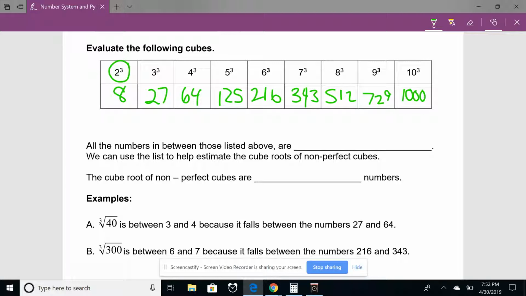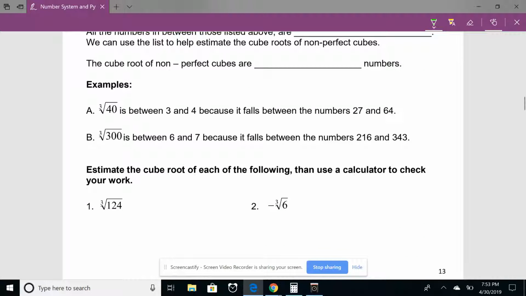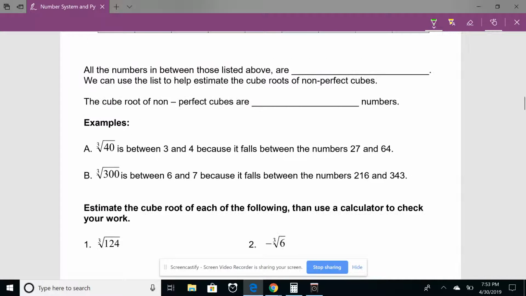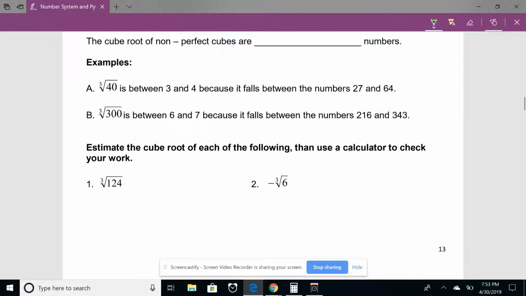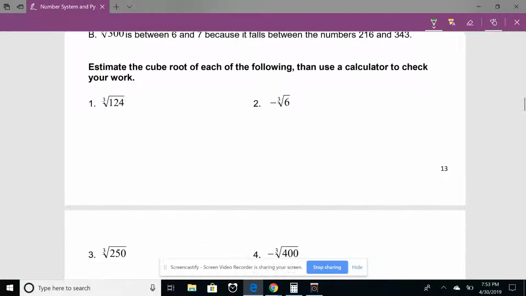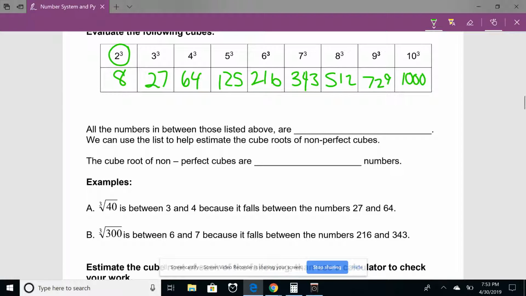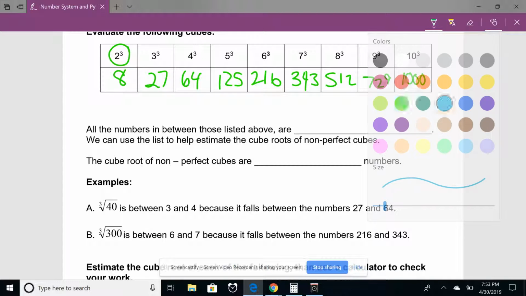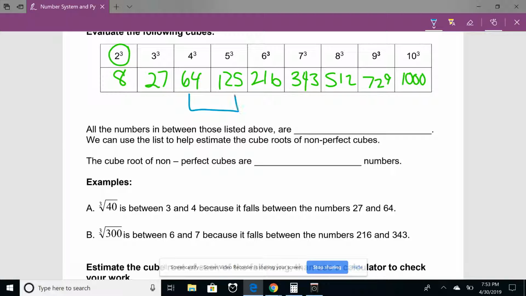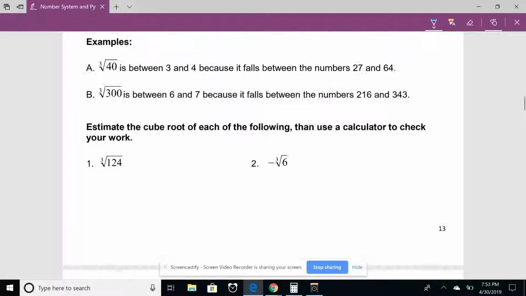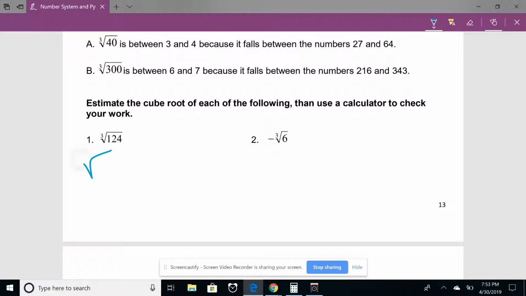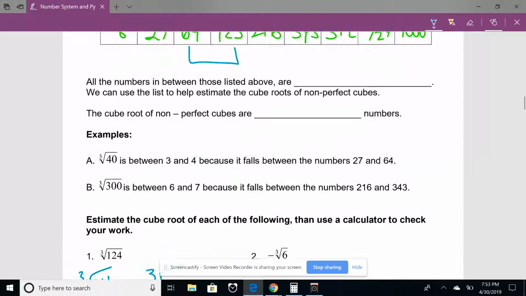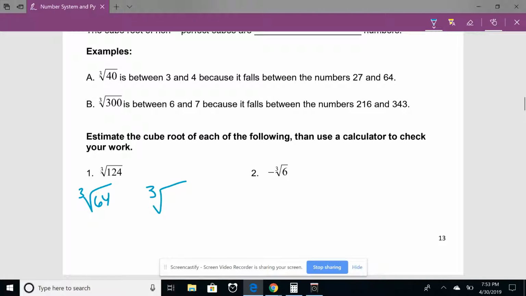So just like the ones we did before with the square root, we can find where these numbers lie in between. For example, the first one, the cube root of 124. 124 lies between the cube root of 64 and the cube root of 125.